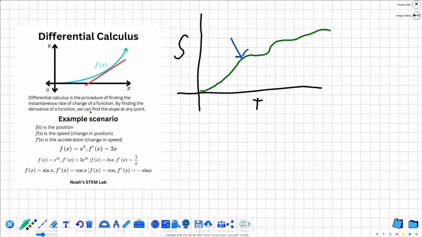If we look at the section that says example scenarios, we saw in the example before that we've got the position, which is just the curve of the graph, given by f(x).